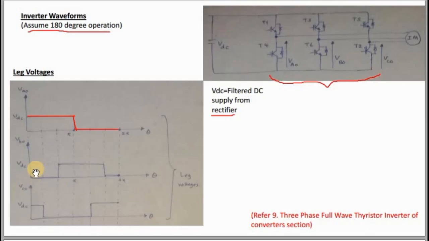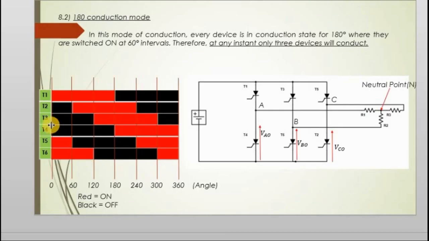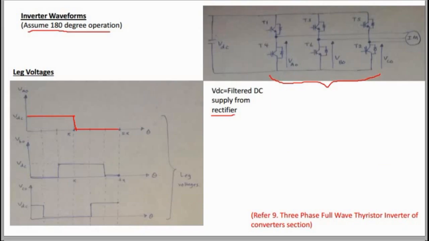For 0 to 60 degrees, VBO, T3 and T6. T3 is off, T6 is on. So you short circuit this one. So what will happen? VBO is 0 from 0 to 60. Okay.